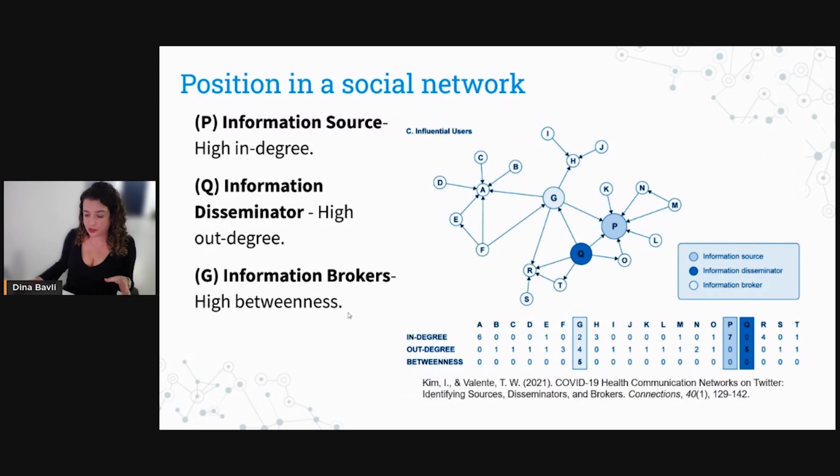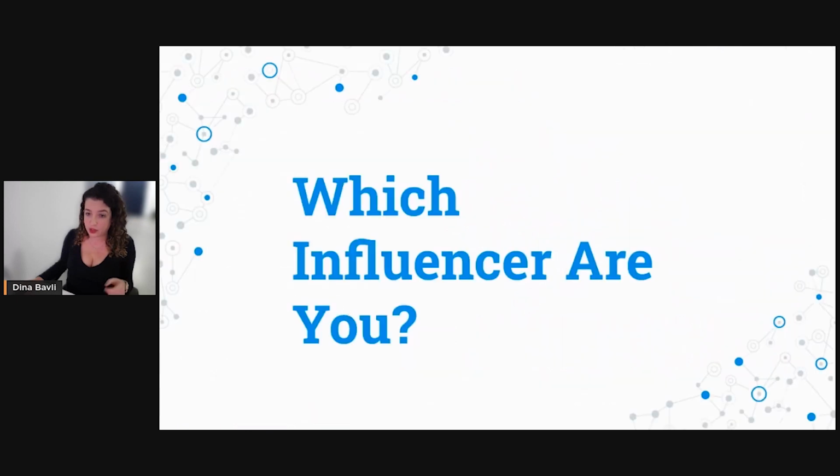So this is another article that I talked about, where again, you have the influencers with the high in degree. We have the influencers with the high out degree, but you also have the information brokers that have a high betweenness. So which one are you?